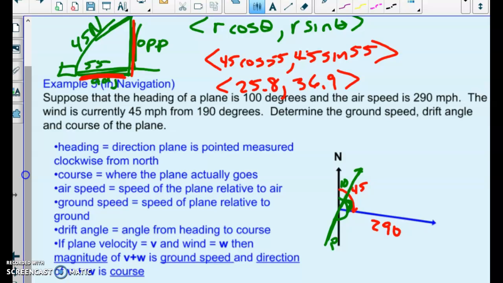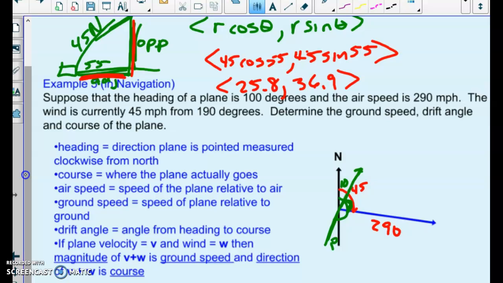So then we have to start answering some questions here. Our heading is the direction the plane is pointed, measured clockwise from north. The course is where the plane actually goes. The airspeed is the speed of the plane relative to the air.